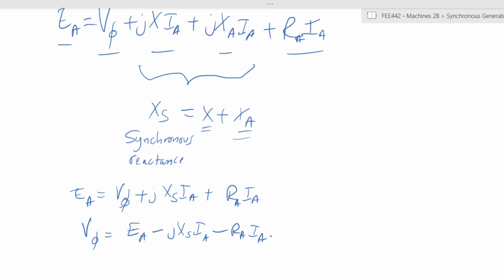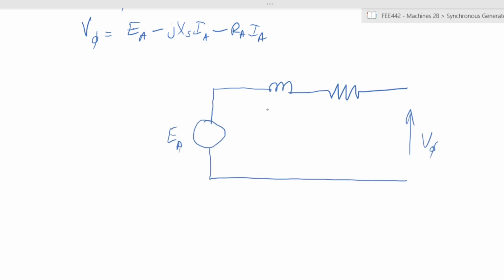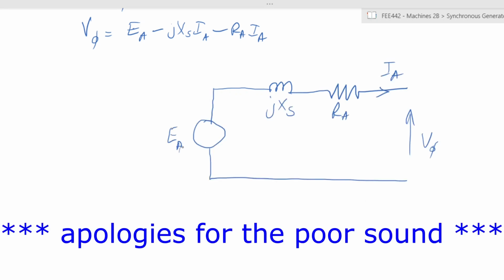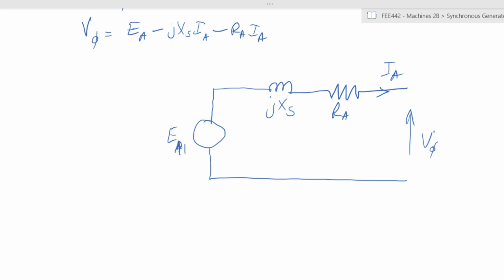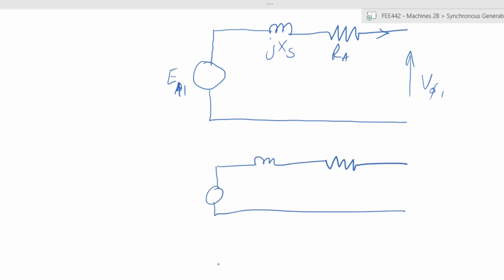So you have a circuit that looks something like this. So, of course, this is a three-phase machine. So this would be EA1, V phi 1, and so on and so forth. So you would actually have three of these windings, where you have EA1, EA2, and EA3.